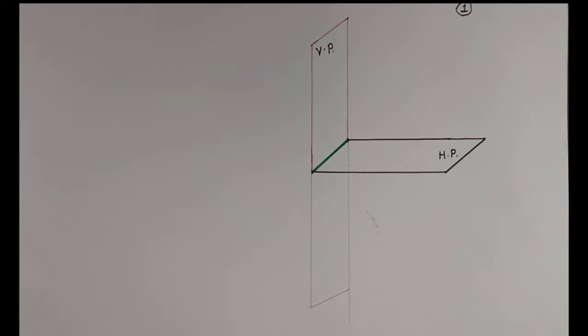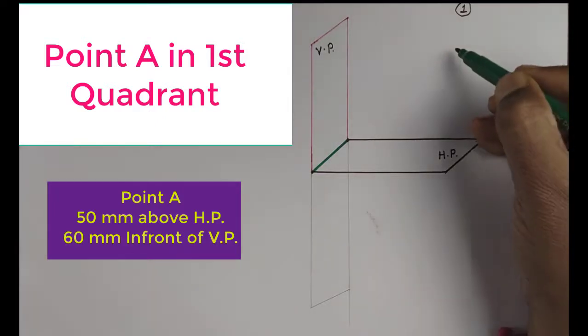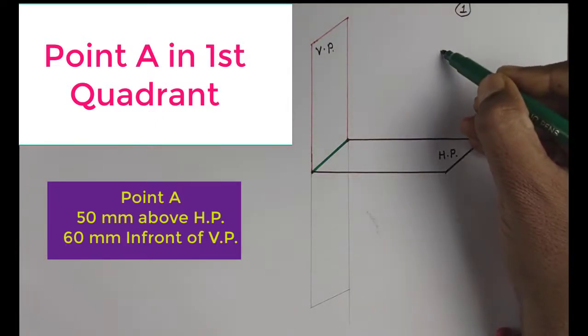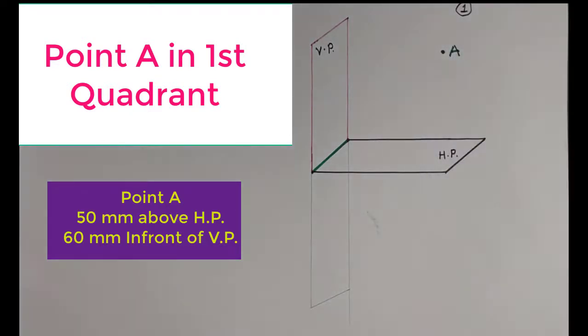Now understand, your point A is above HP and in front of VP. It means our point A is in the first angle.